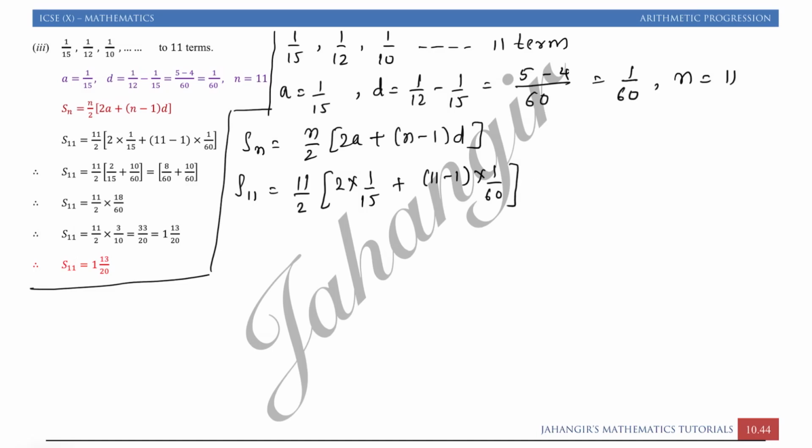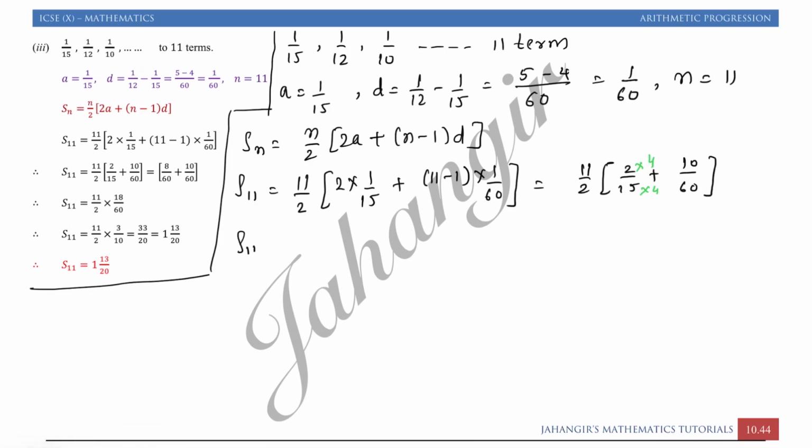So here you will get, let us write here, 11 by 2 in bracket 2 by 15 plus 11 minus 1, 10 upon 60. So let us keep it like this, and we will take 60 as an LCM. So here we will multiply 4.